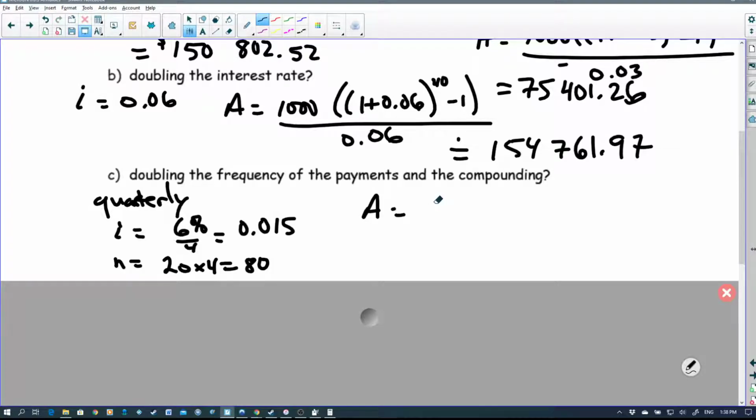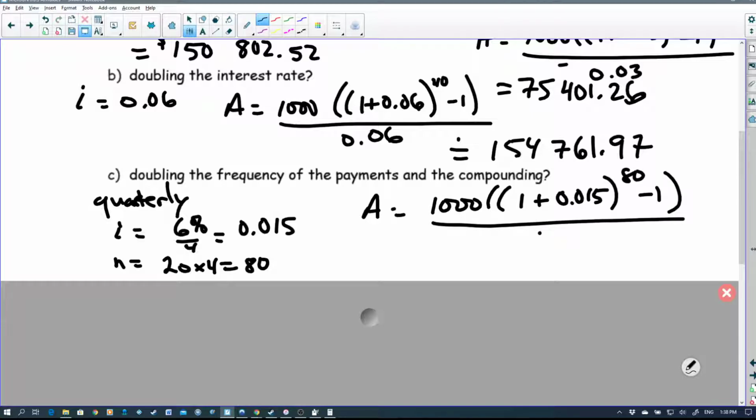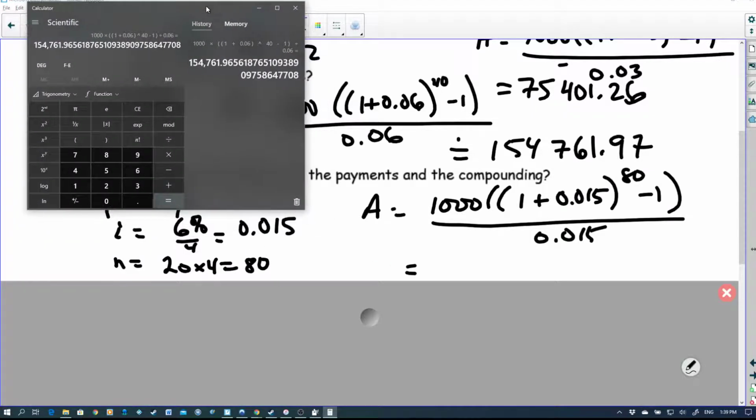It's just a prediction. So $1,000, 1 plus I to the N, so 0.015, to the power of N, which is now 80, minus 1, all divided by 0.015. More frequent does mean more money, but does more frequent with less interest rate mean more money?